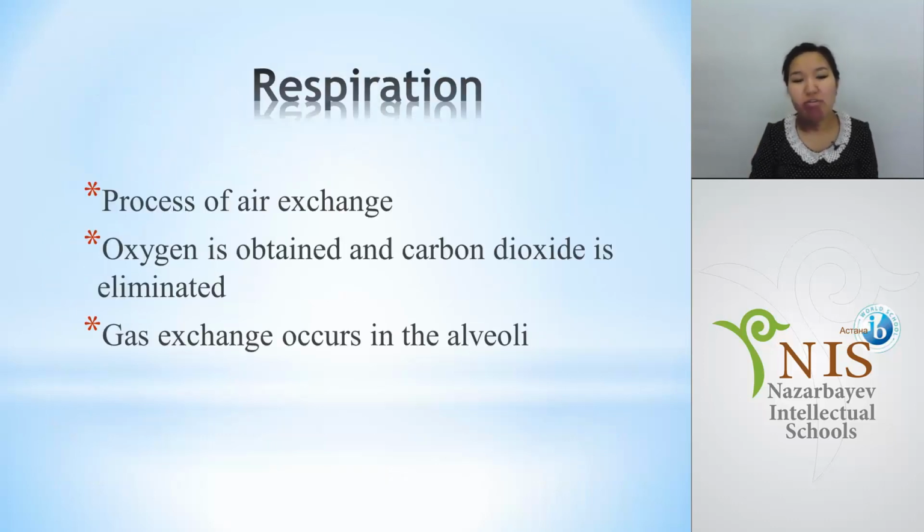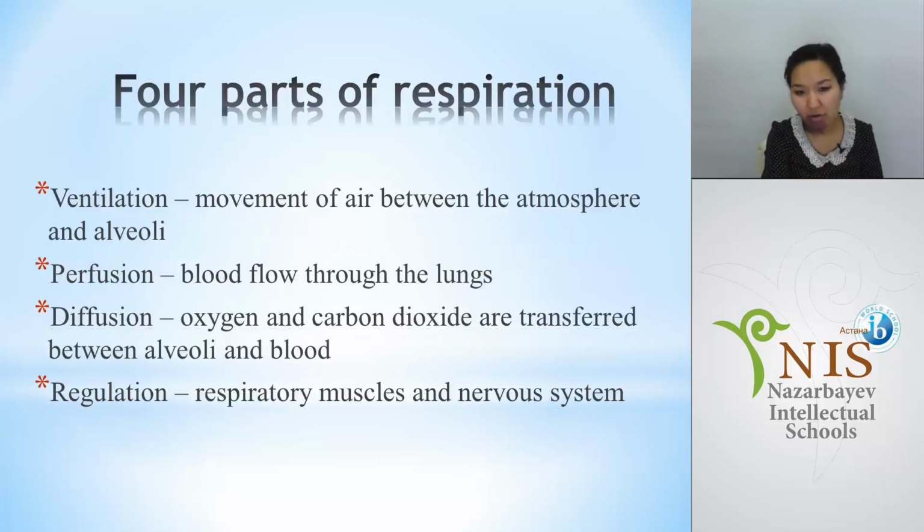Respiration. First of all, respiration is the process of air exchange, which is gas exchange by the alveoli. Respiration has 4 main parts. First of all, ventilation. Ventilation means movement of air between the atmosphere and the alveoli. Perfusion: blood flow through the lungs.